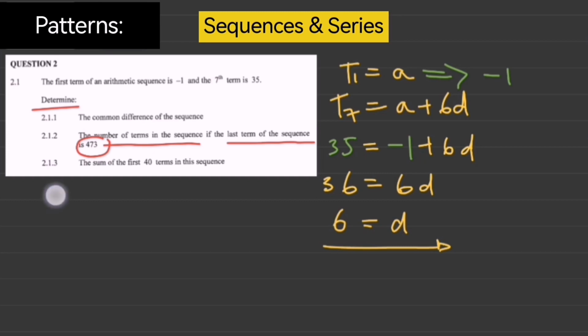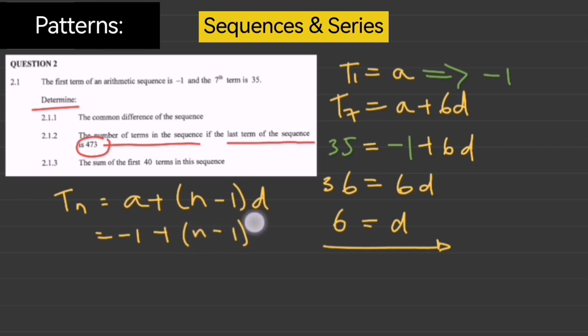So I'm first going to find the general formula for this pattern. Substituting into our general formula, a with -1 and d with 6, we can calculate by multiplying the 6 inside, then adding like terms. Okay, so the general formula is 6n minus 7.